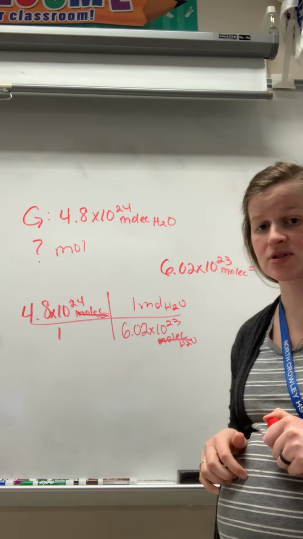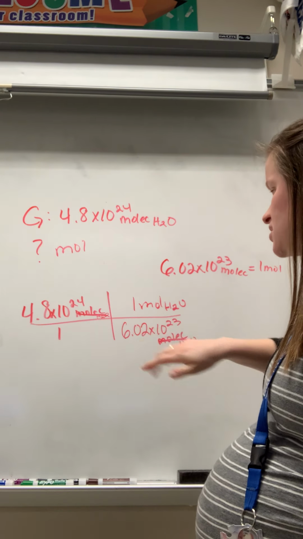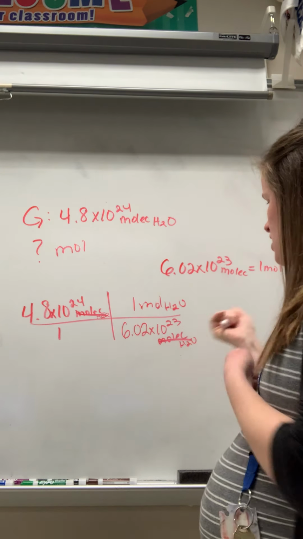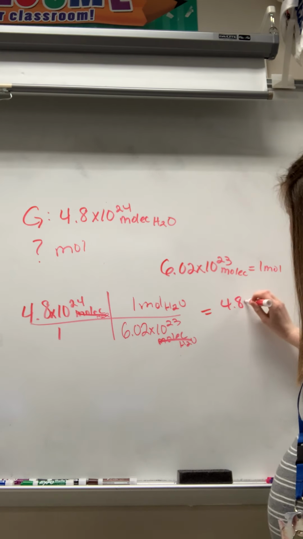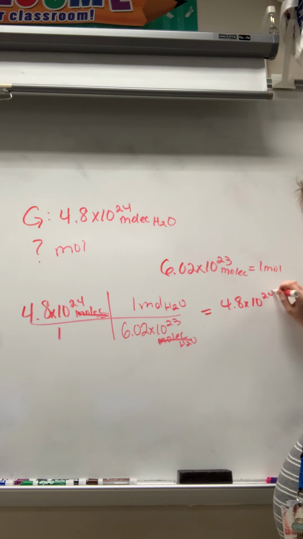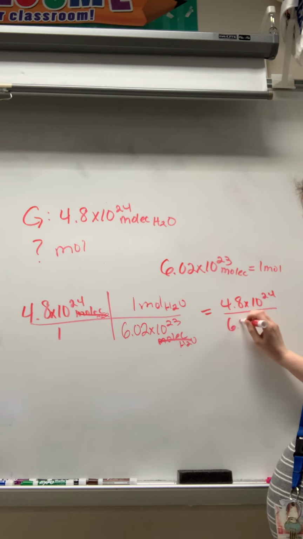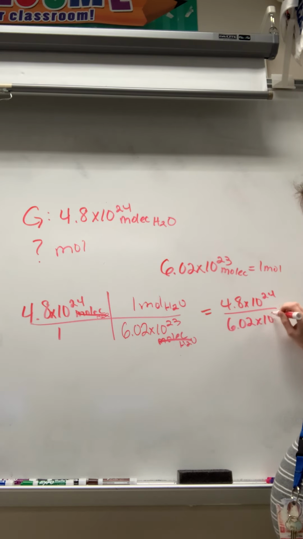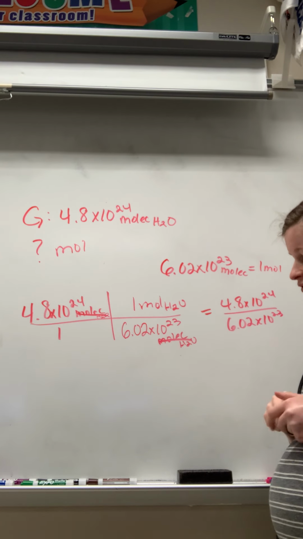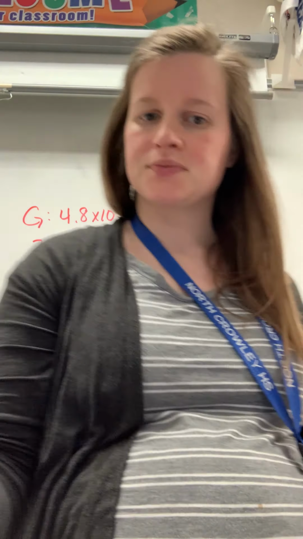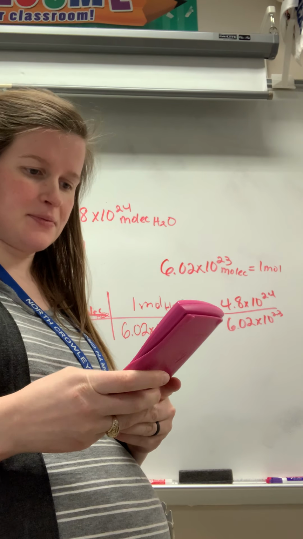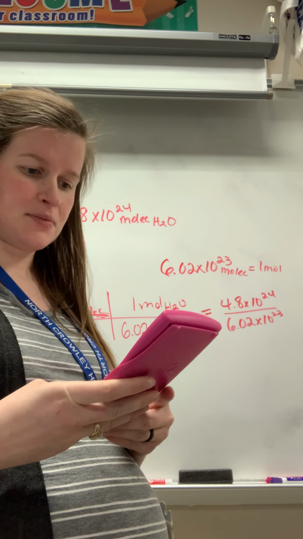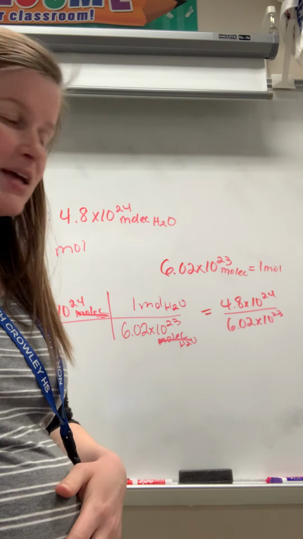So my math would just be 4.8 times 10 to the 24th times 1, so that's going to be 4.8 times 10 to the 24th over 6.02 times 10 to the 23rd. Then I will divide both of those out, and when I do that, I get 7.97.